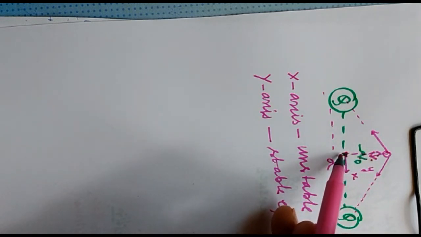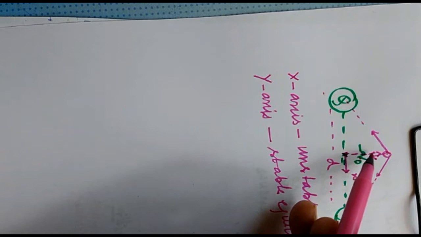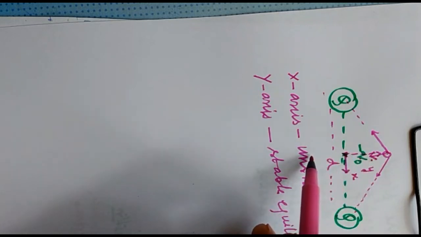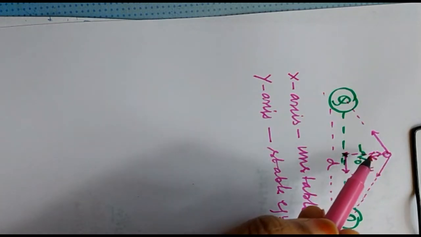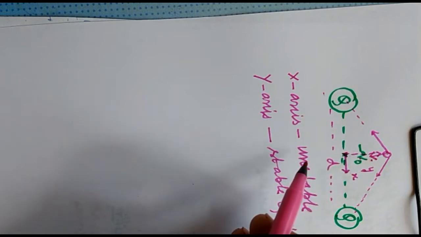Because it has kinetic energy, it will move down and start oscillating along this particular line. And since it is oscillating, they may even ask you, are the oscillations simple harmonic or not? Let us see whether we can determine whether these oscillations along the y-axis are simple harmonic motion or not.